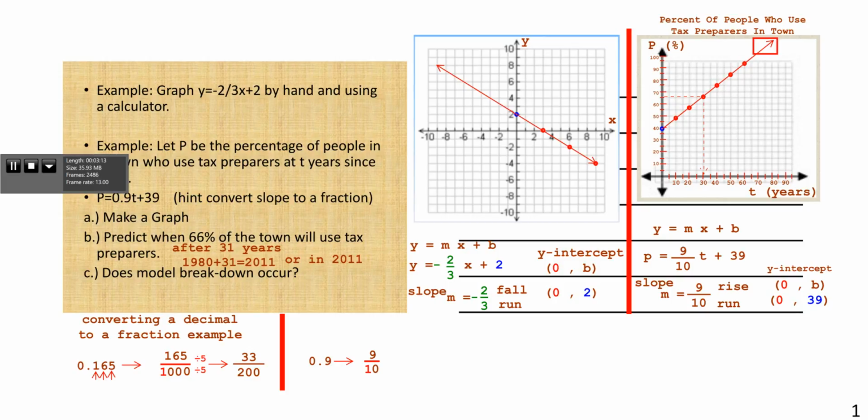So look at the top there of our graph where I have an arrow going past 100%. We probably don't want to have an arrow going past 100. It only goes up to 100 and that would be it. So in this case, we can say that this is where model breakdown occurs. Okay, we cannot have more than 100% of the population for this particular town.